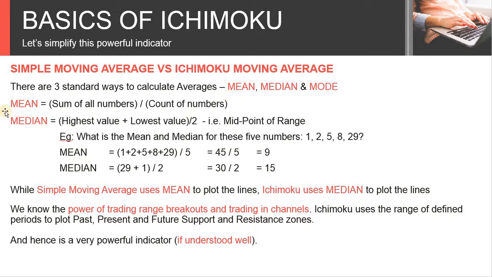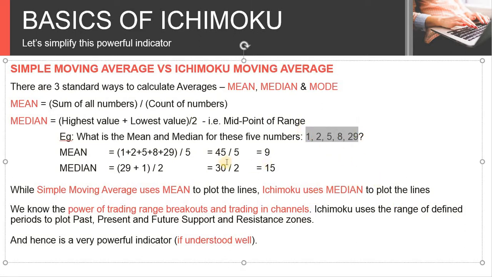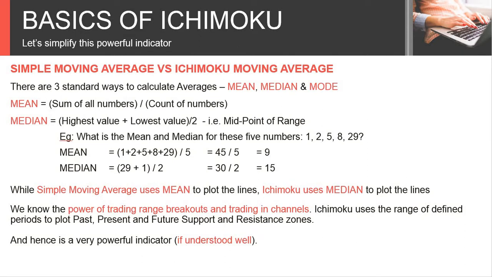So you see that although the set is the same, you still have two different numbers when it comes to mean and median. Honestly, if you're working with EMAs or SMAs or even WMAs, you don't really check how it is calculated, or why it is calculated that way. So let's not go deeper into this.